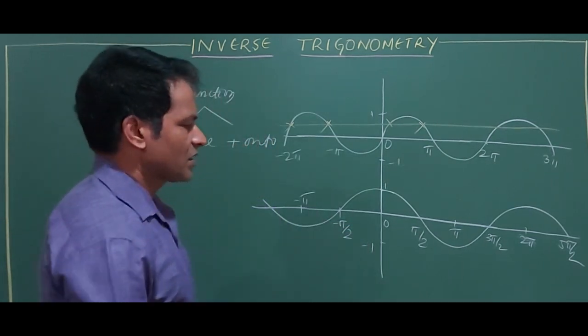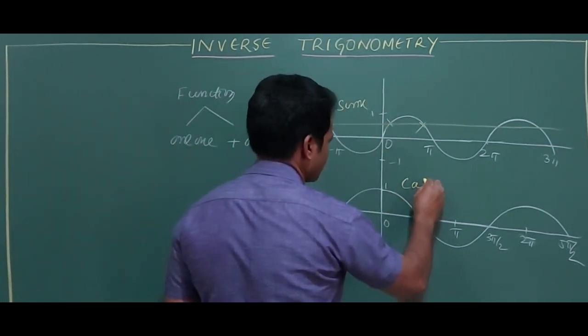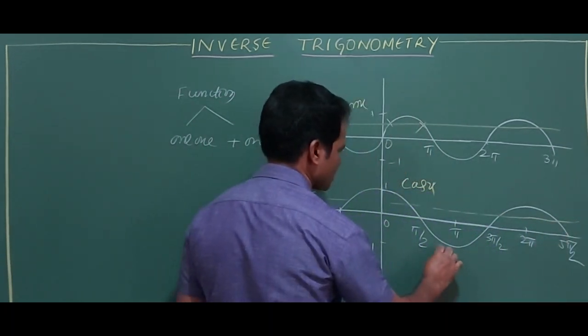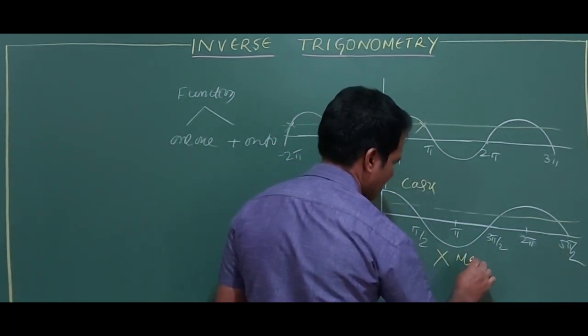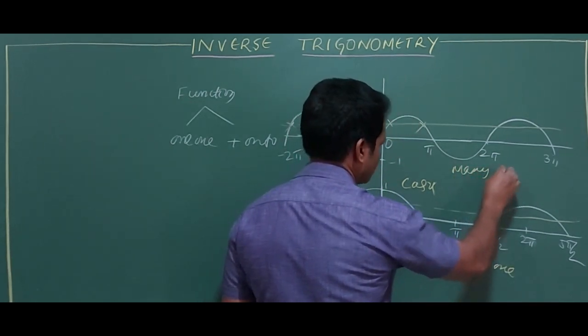This is the sin x graph, this is the cos x graph. If I draw a line parallel to the x-axis, it cuts at more than 1 point. So this is also not 1-1. This is many-one. This is also many-one.